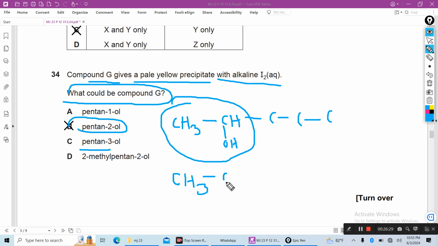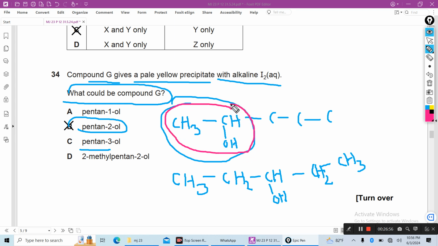Pentan-3-ol means CH3, CH2, CHOH, CH2, CH3. So the compound which has only this group, CH3CHOH, the secondary alcohol group, will give a yellow precipitate with alkaline iodine.